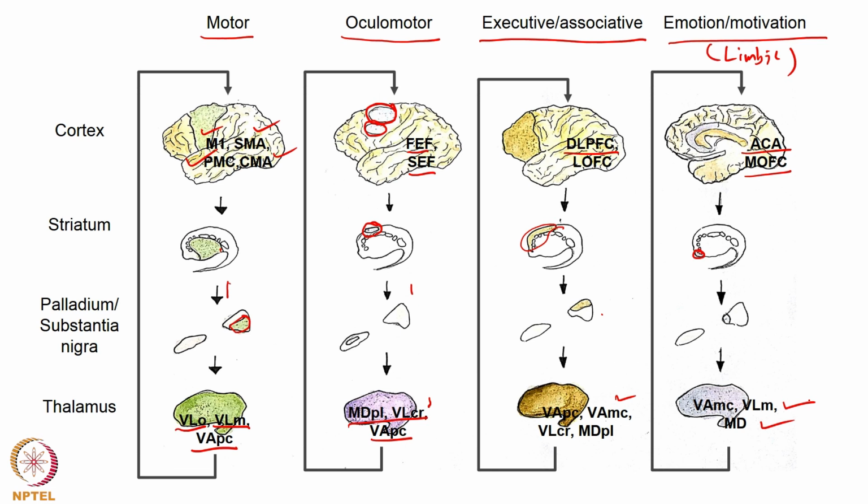In this course we will only focus on movement related functions or motor functions. We will not be focusing, or we will be focusing much less on emotional or limbic functions and executive and associative functions of the basal ganglia. Basal ganglia has been traditionally viewed as a motor part of the brain or the motor organ of the brain.